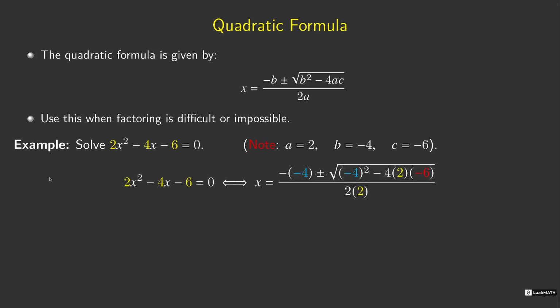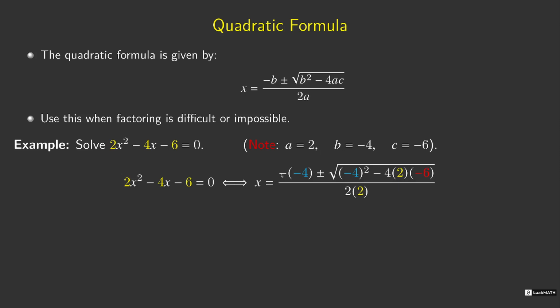Now, if we're solving this equation right here, we just have to stick these values into the quadratic formula. Okay, and you can see the very first term here we have a minus b, and what is our b here? b is minus 4.